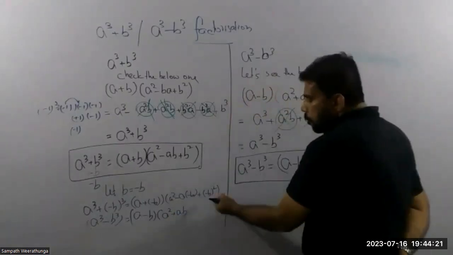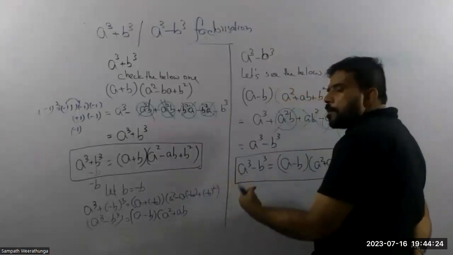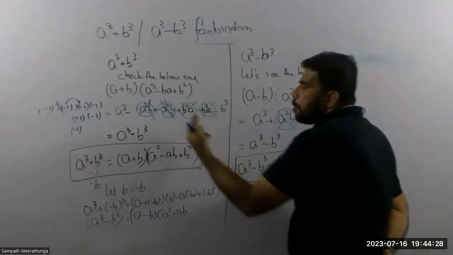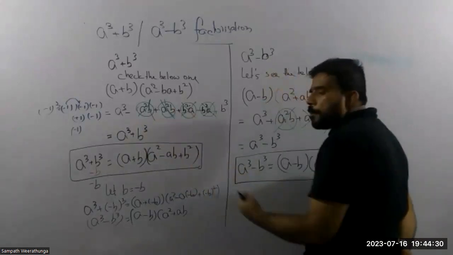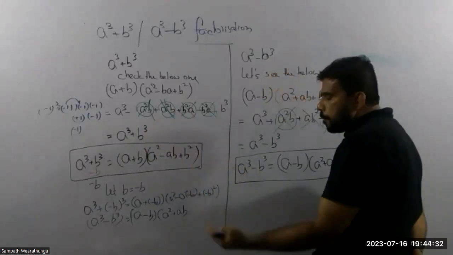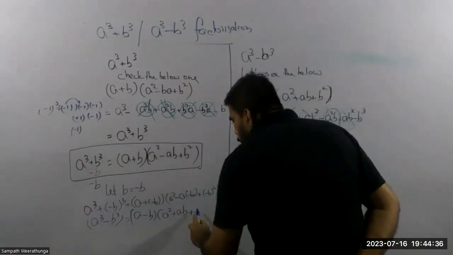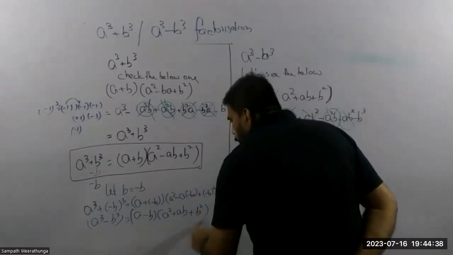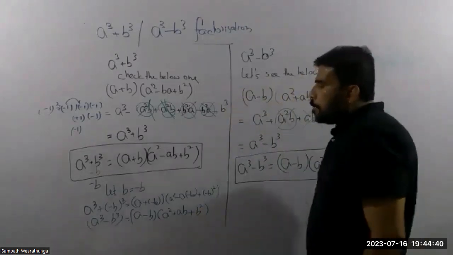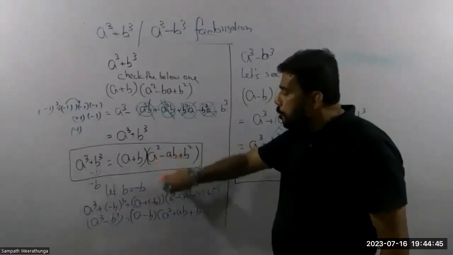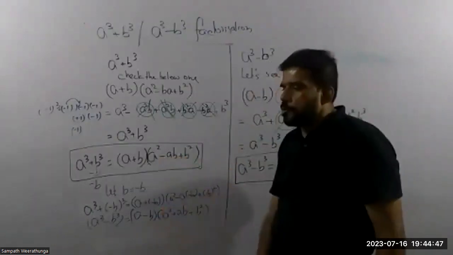Here negative b multiplied with negative b, so it's like b multiplied with b and negative 1 multiplied with negative 1. Negative 1 multiplied with negative 1 means positive 1. So the final answer is b square. See? So with the same finding, here we deduce this relationship.